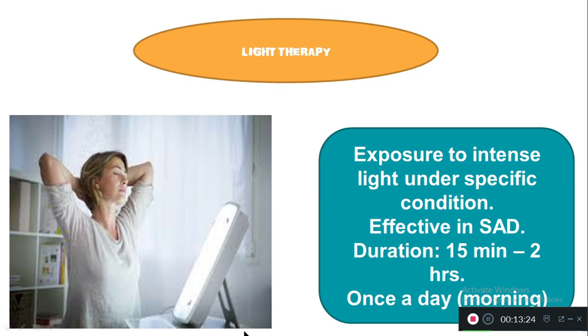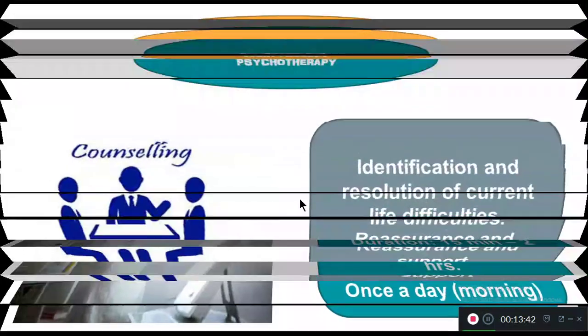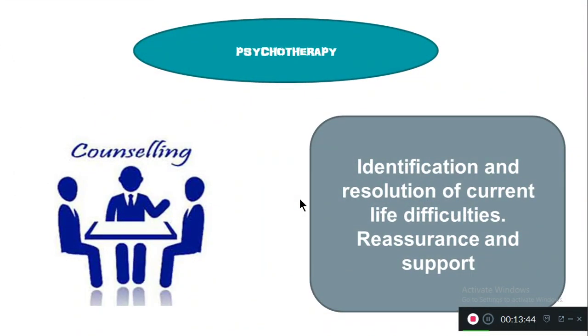The patient has to sit in front of the ultraviolet rays, the light box, so when the light falls on the skin, the imbalances of hormones like melatonin and serotonin will be overcome by the patients.